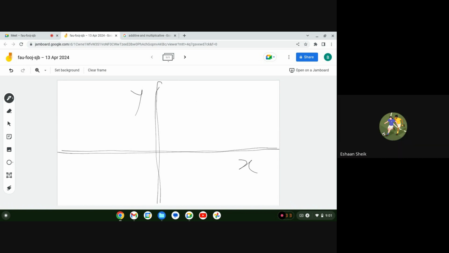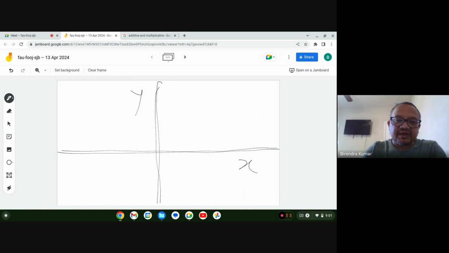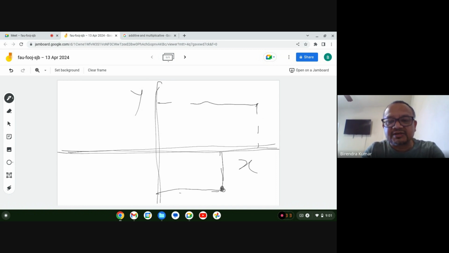Now, in the graph, if you look at the page, let's say the screen that you're seeing, if I'm talking about this point, you can always say, oh, this is this far from the x-axis and this far from the y-axis. Or you can say this is this far on the y-axis, this far on the x-axis.